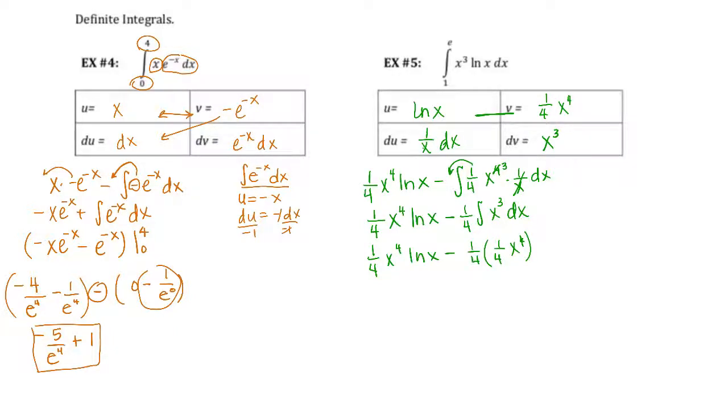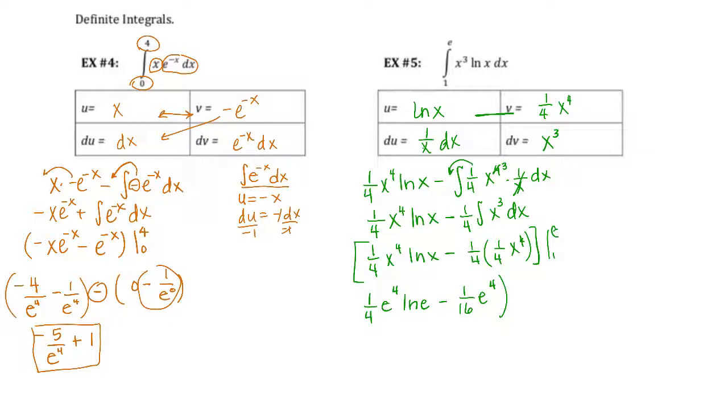And now we're going to be integrating all of this from 1 to e. So every bit of this is going to be evaluated from 1 to e. And so here, as we're plugging in our value of e, that's going to be 1/4 e to the 4th natural log of e minus 1/16 e to the 4th.